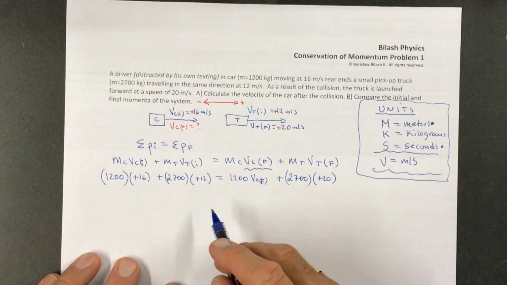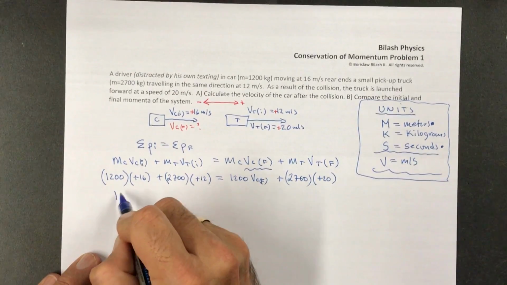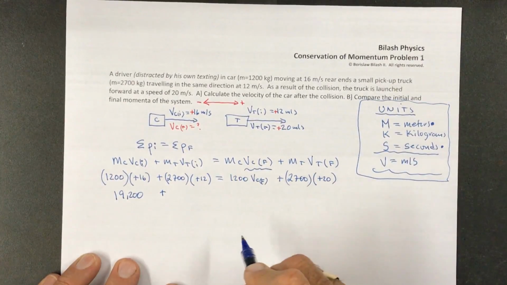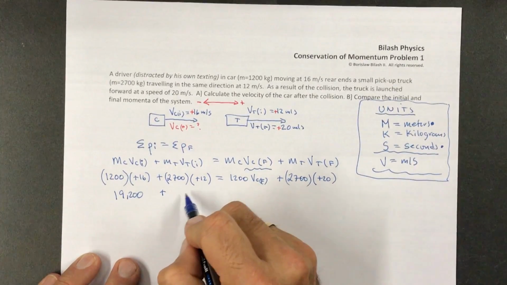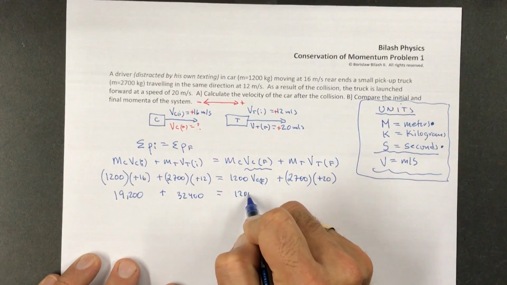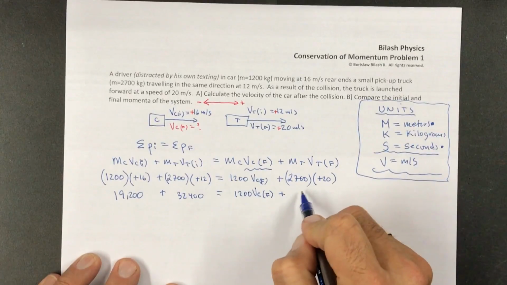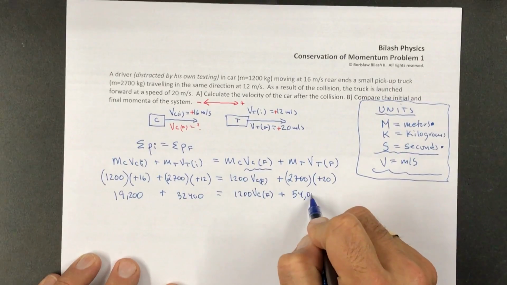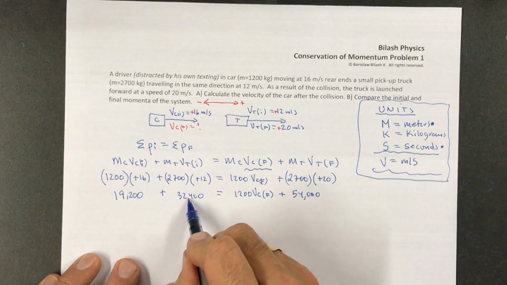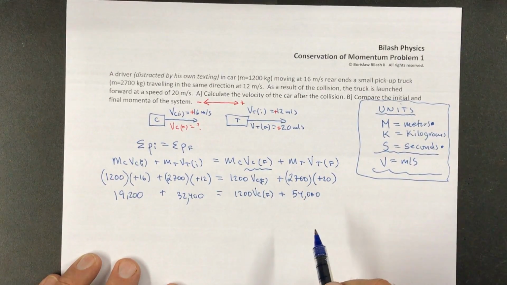So when we do this math, 1200 times 16 works out to 19,200. And 2700 times 12 is 32,400. And this is just 1200 VCF plus 54,000. I think I said 100 here. 19,200, 32,400, 1,200 VCF, 54,000.